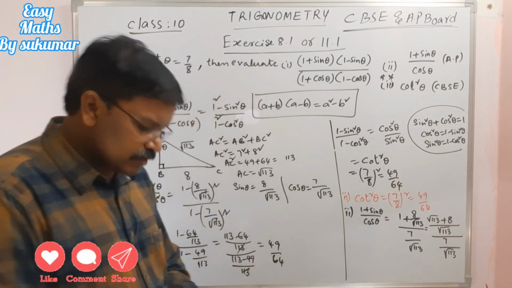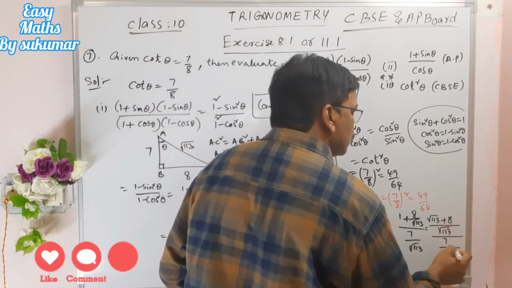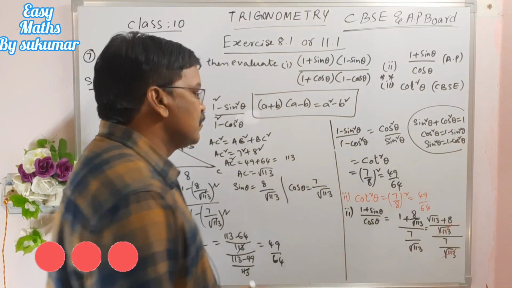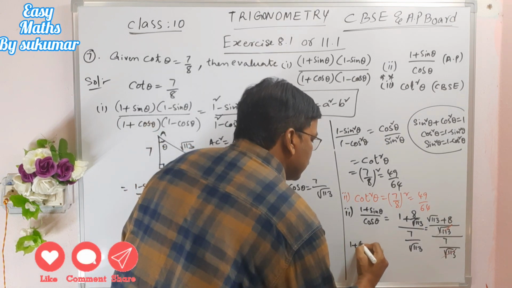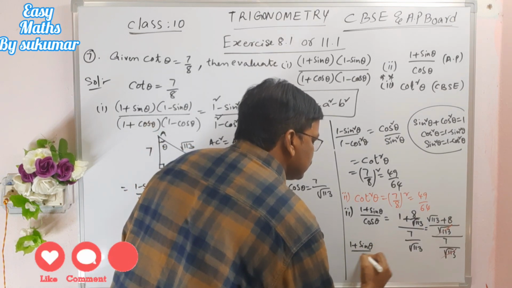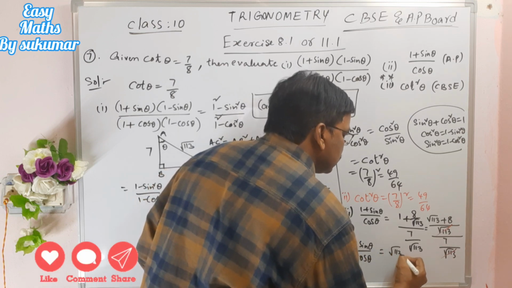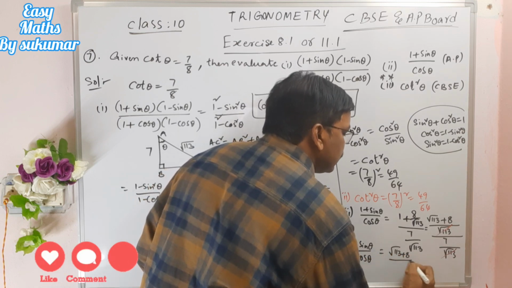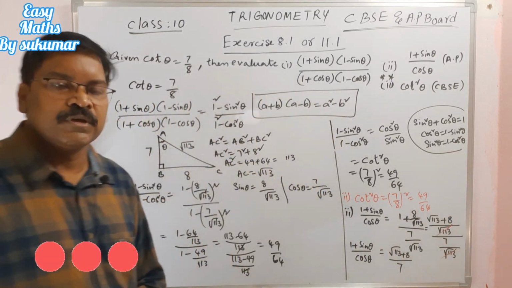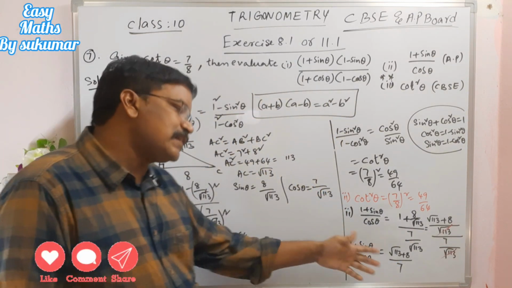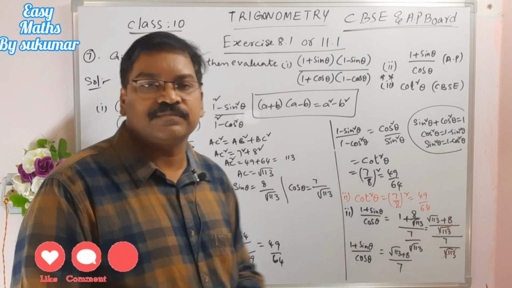Now here this root 113 and root 113 get cancelled. Finally, this 1 plus sine theta by cos theta value is equal to root 113 plus 8 by 7. So this is the value of 1 plus sine theta by cos theta.